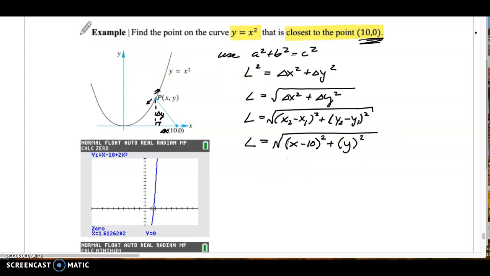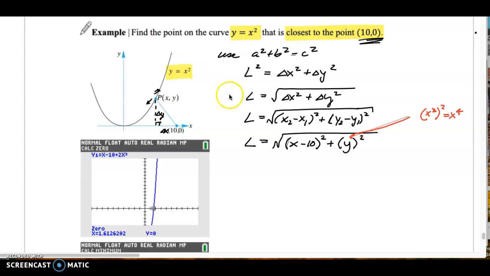But notice also we have y equals x squared. Well, perfect. That means right here, this thing can be x squared, which is simply x to the 4, right?